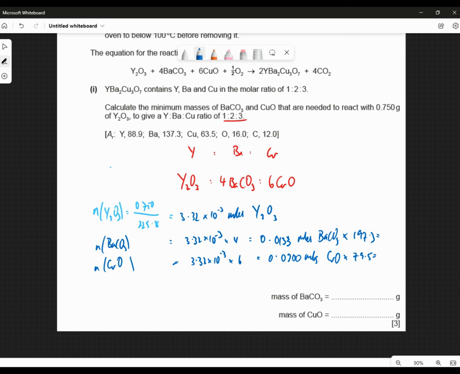So let's see if I get this right. 0.0133 times 197.3 gives me 2.62 grams of this. And the mass of copper oxide, 0.02 times 79.5, gives me 1.59. So that bit's done.